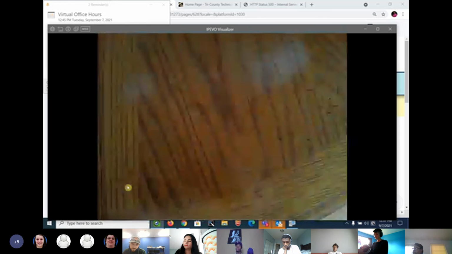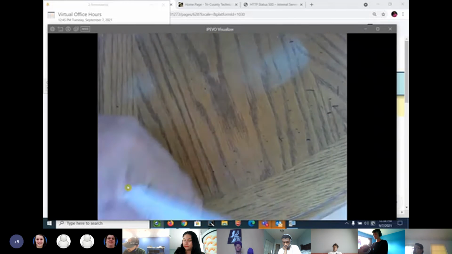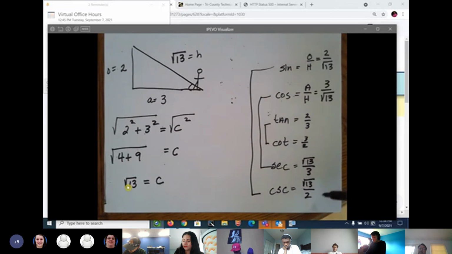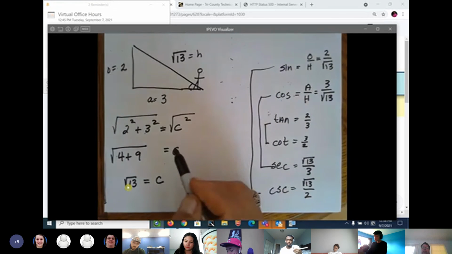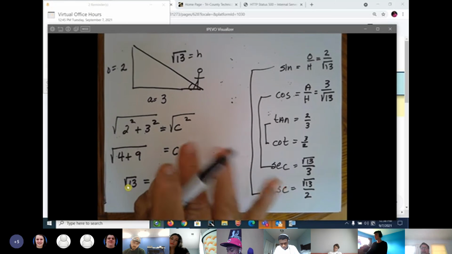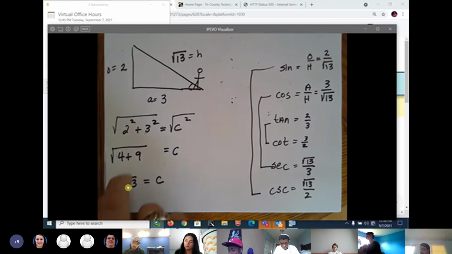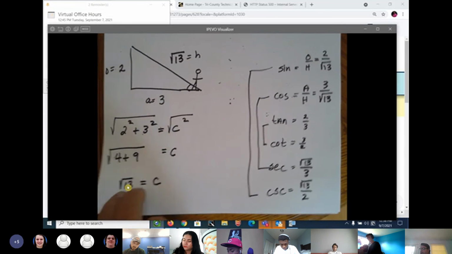Now, is there anything wrong with any of these answers? Is all of them okay? The first 2 have the radical in the bottom, and some people don't like that, so we got to fix it. So we have to rationalize the denominator.